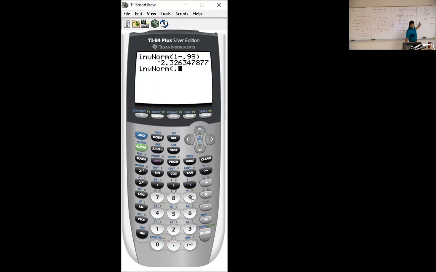So if the area above is 0.01, area below is simply 0.99. And you can see that one is the positive of the other. So even if you find one of them on the left-hand tail, you can multiply by -1, get the one on the right. So the critical value happens to be 2.33.